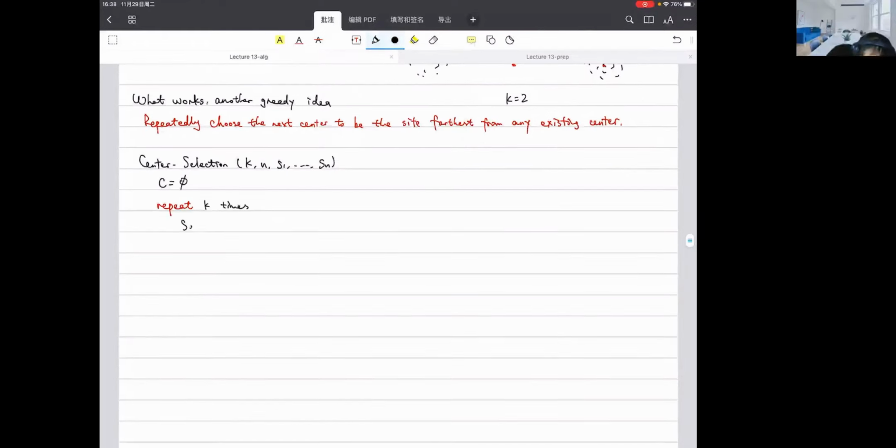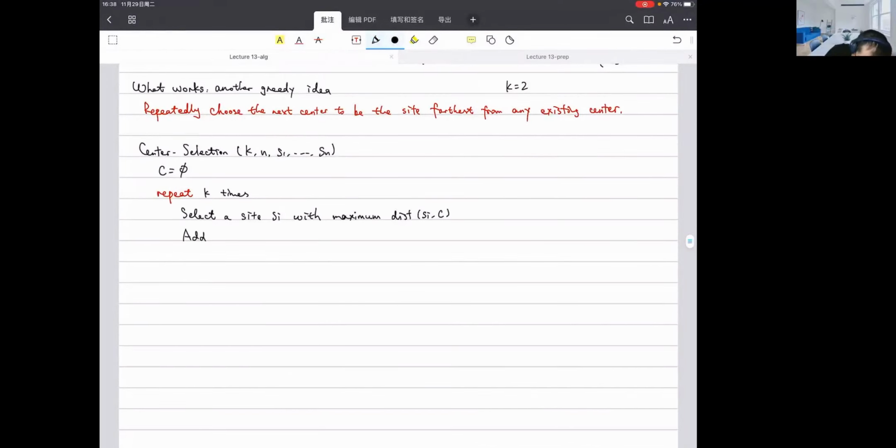We are going to select a site Si with maximum distance to C here, and then we just add Si to C. After having repeated for k times, we just return C. Okay, so this is our center selection algorithm.